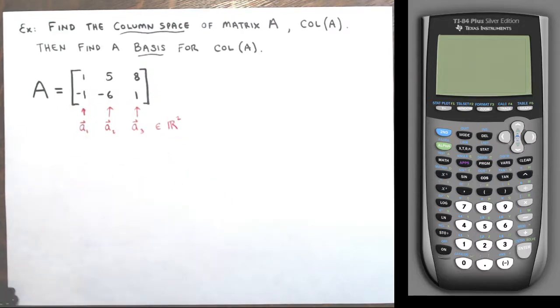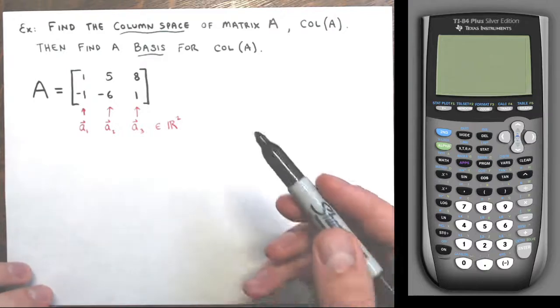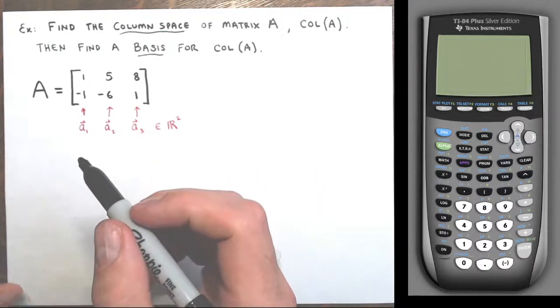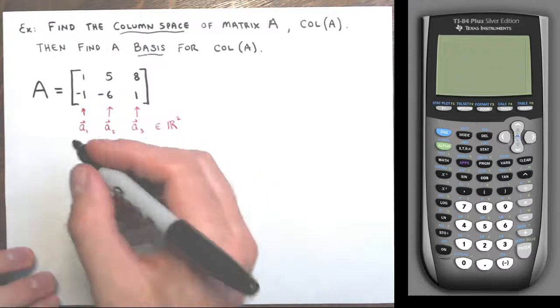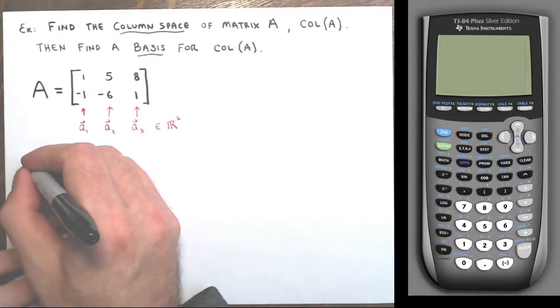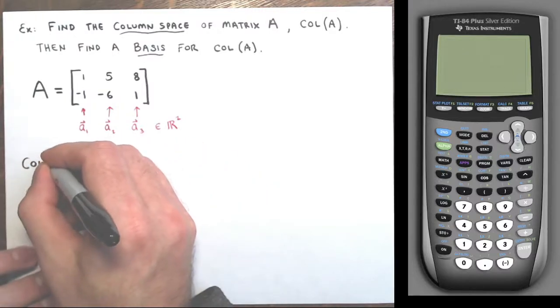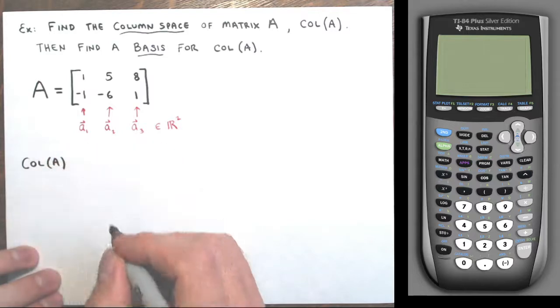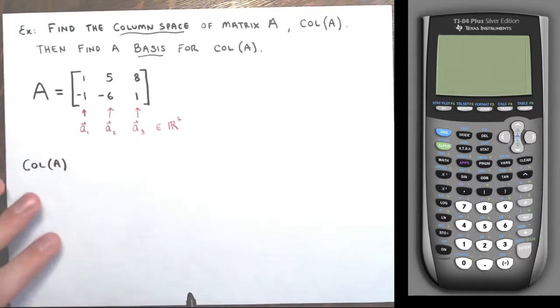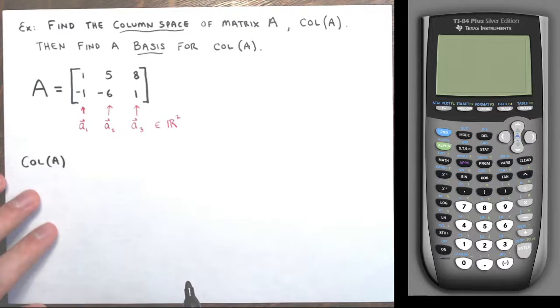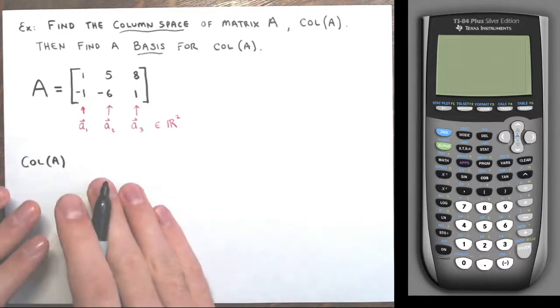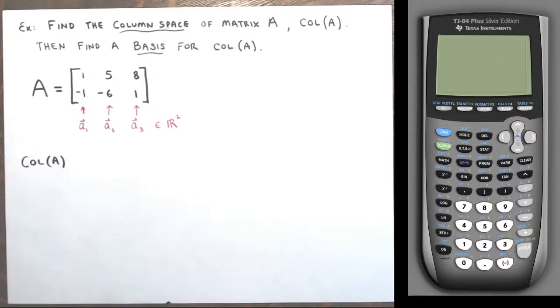And so the column space is easy to describe, right? If you're looking at a matrix, you see the columns. The column space is very simple to describe in the beginning, and then once we find a basis for the column space, I'm going to rewrite a description of the column space in even simpler terms.